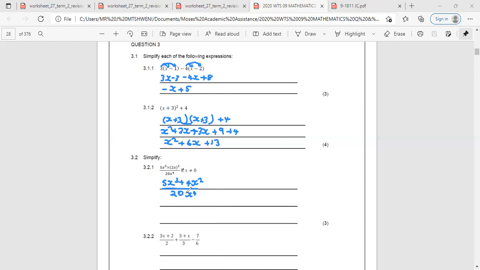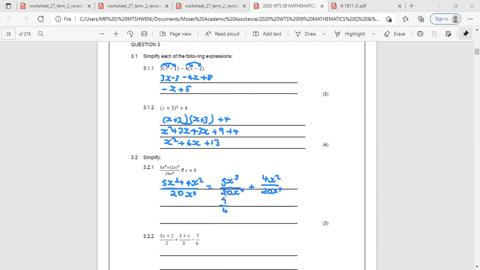What is 5 divided by 20? It's 1 over 4. Basically, this is like 5x cubed divided by 20x to exponent 4, plus 4x squared divided by 20x to exponent 4. 5 over 20 you get 1 over 4, and this is x.